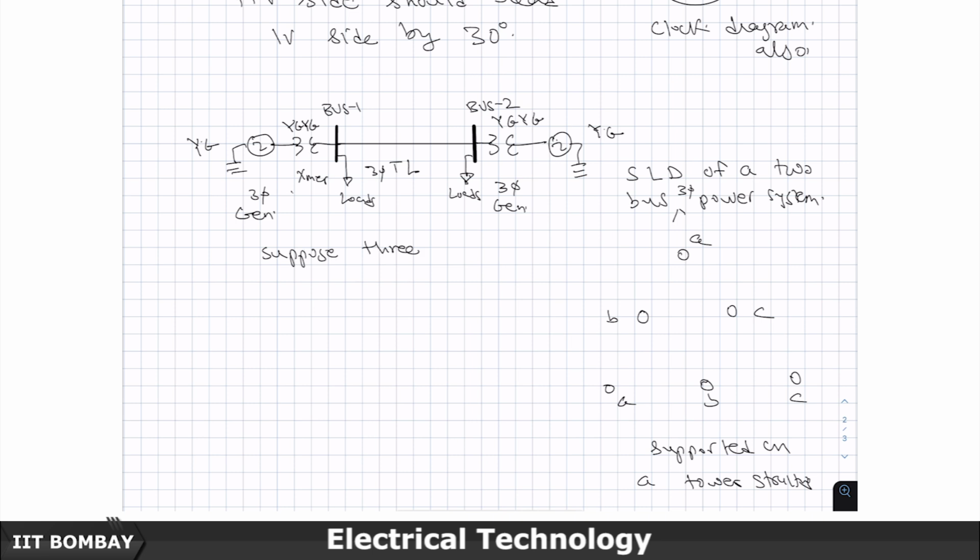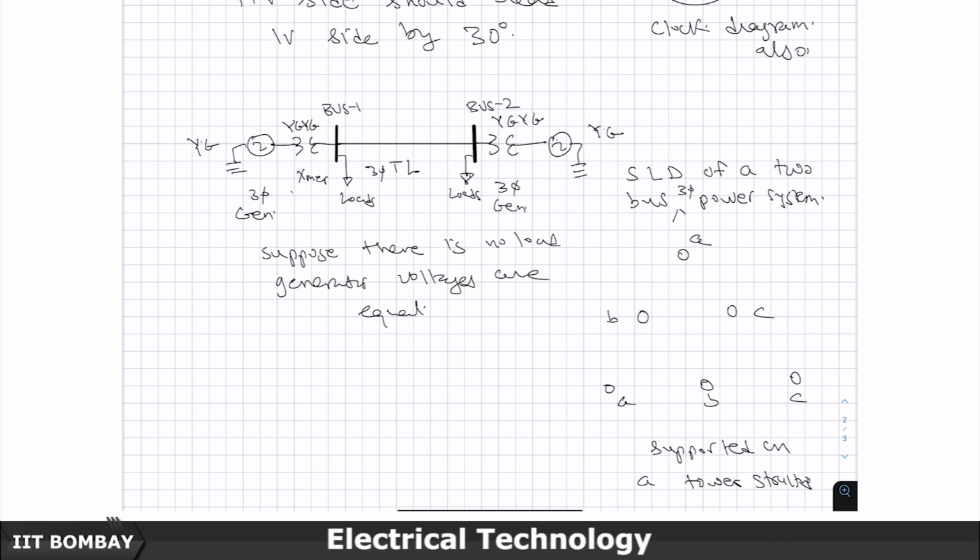So, now suppose there is no load. With no load, generator voltages are equal. Generator voltages means at the terminals, if you just open circuit it and check what voltages they are going to generate, they are exactly the same voltages that they are generating.